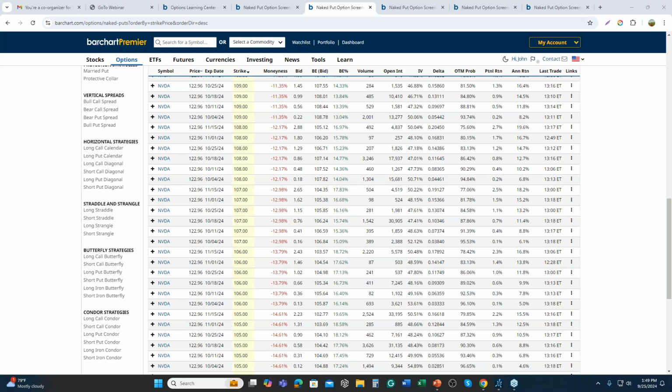So there's a question about lot size, in other words, position sizing. Again, it really depends upon how much trade equity you have available. And certainly I would not be putting all of my equity in one put options trade.